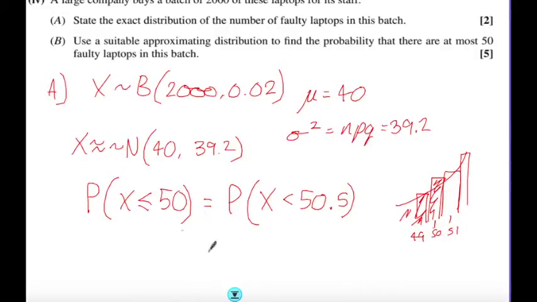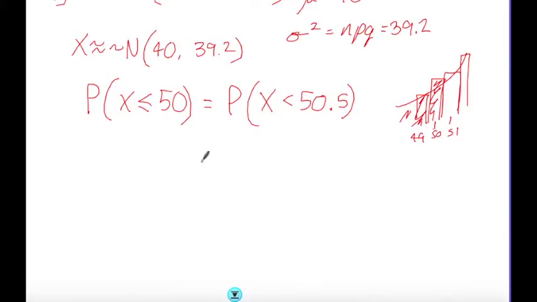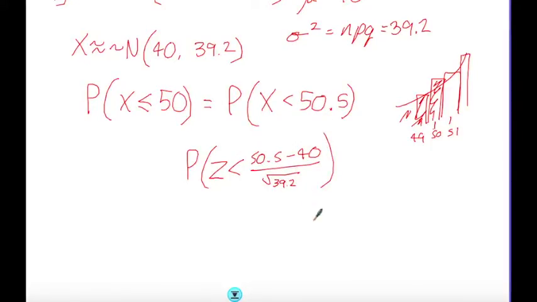And then you can go about doing your normal calculation. So this will be the probability z is less than 50.5 minus mu over sigma. So remember, that's the square root of 39.2. So that is 1.677.